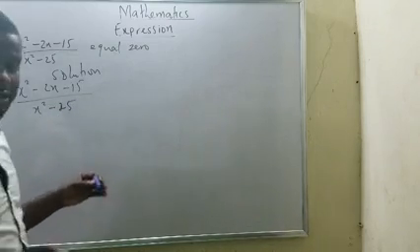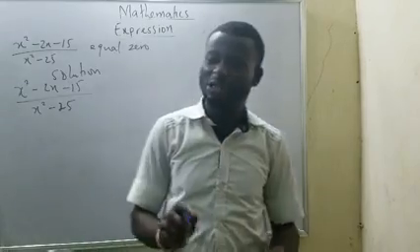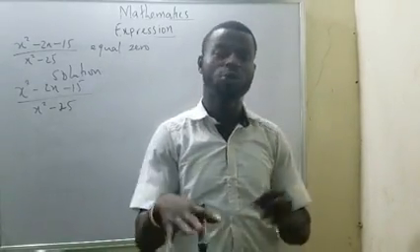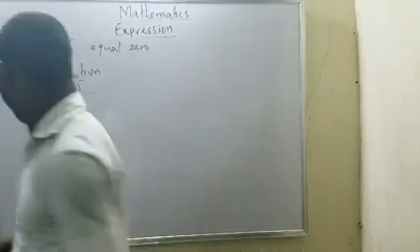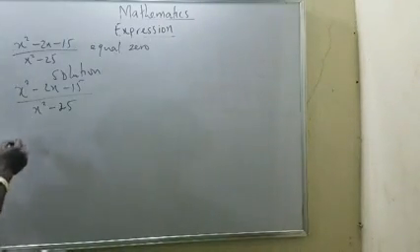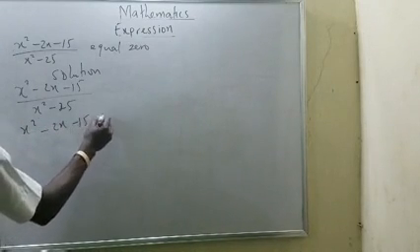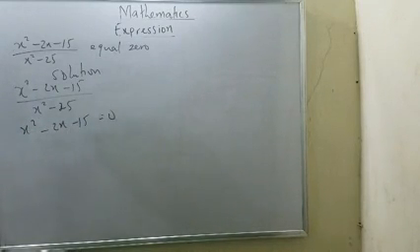Please, before our next video, make sure you learn partial fractions very well. We have done it before, and we'll be using it a lot at this point. It means the upper part is equal to 0: x squared minus 2x minus 15 equals 0. I want to factorize that.